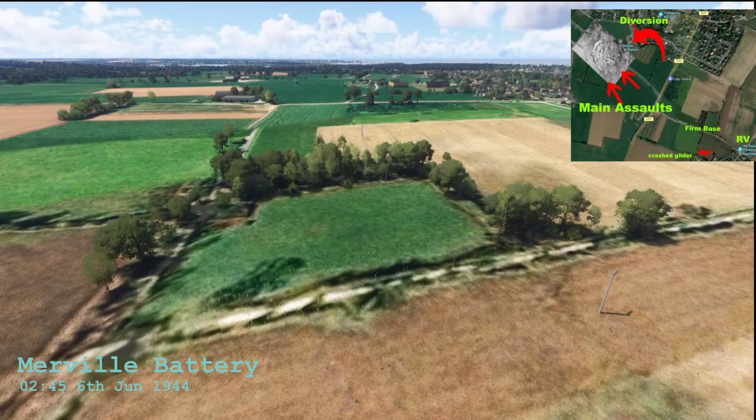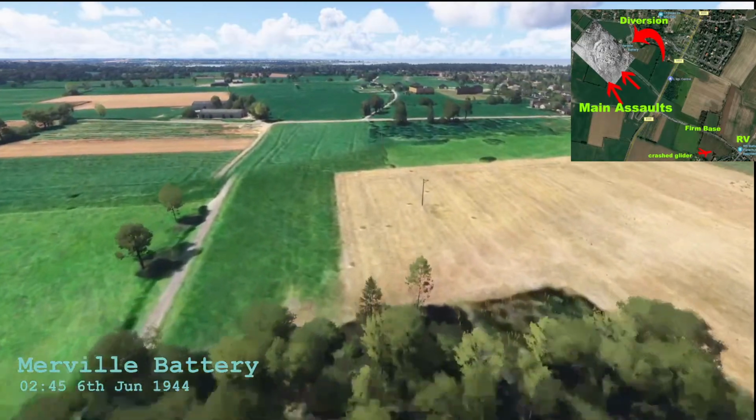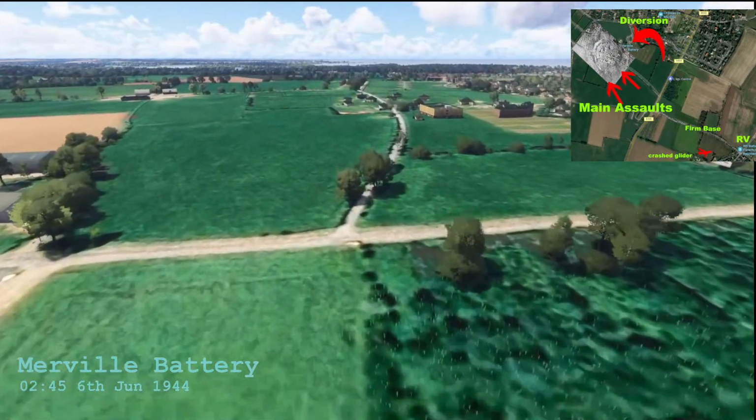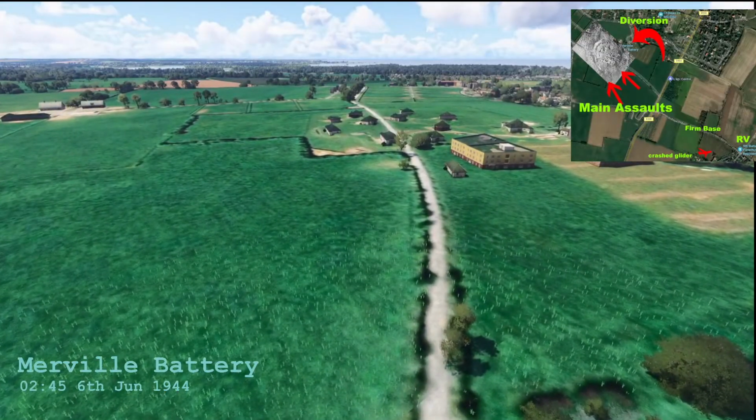And Major Alan Parry was in charge of a taping party, which was to basically lay tape from this firm base up to the battery where George Smith has shown the best places to breach the battery.